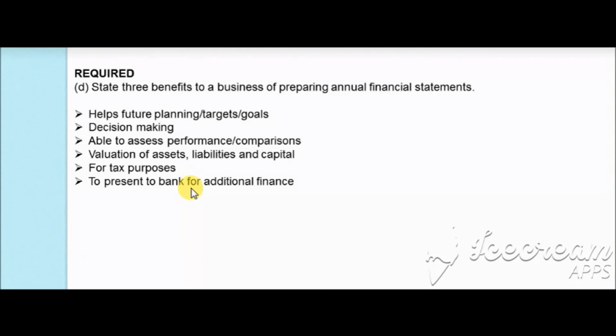If you require more long-term liabilities or you want a long-term loan from a bank, we have to submit our annual financial statements for the purpose of the loan, so they can be used to present to the bank for additional finances.